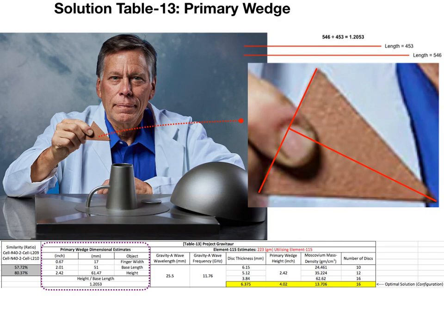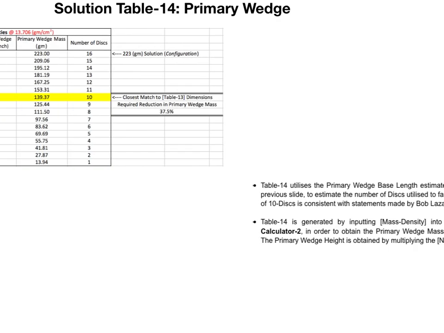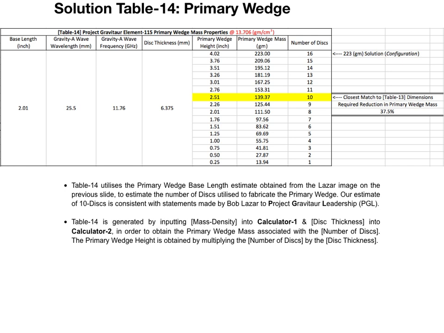Let's now look at our final table. Table 14 utilises the primary wedge base length estimate obtained from the Lazar image on the previous slide to estimate the number of discs utilised to fabricate the primary wedge. Our estimate of 10 discs is consistent with statements made by Bob Lazar to Project Gravitor leadership.